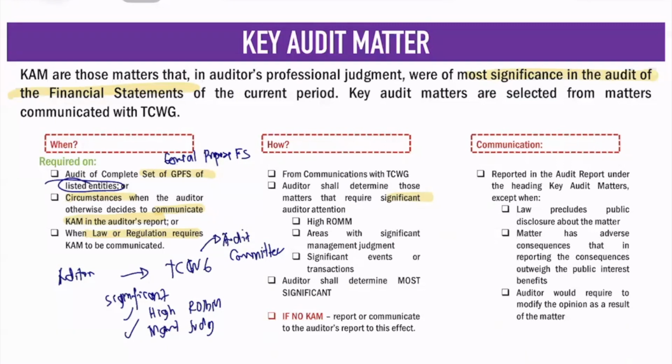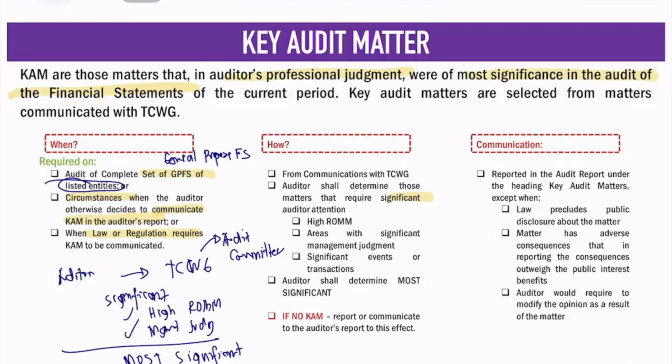Now, once you determine the significant item, you determine the most significant among them. So the most significant is based on the auditor's judgment. Again, take note, based on auditor's professional judgment, you determine the most significant. How do we determine the most significant? You determine it to those communications to those charged with governance.